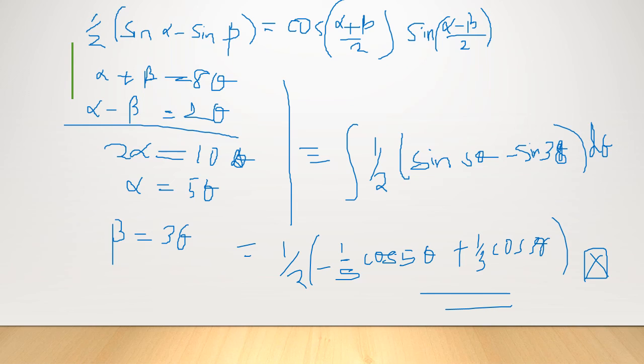So you can see from here I have 2 alpha being the same as 10 theta, so our alpha is 5 theta. Then our beta, when you substitute, will be 3 theta.